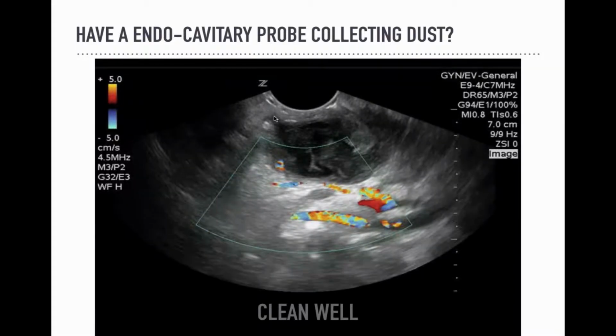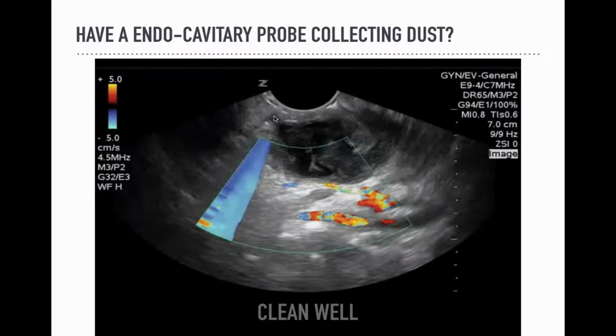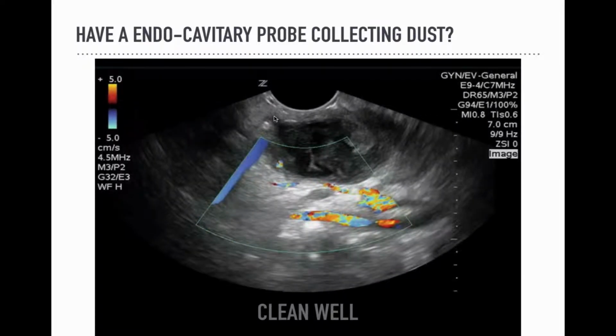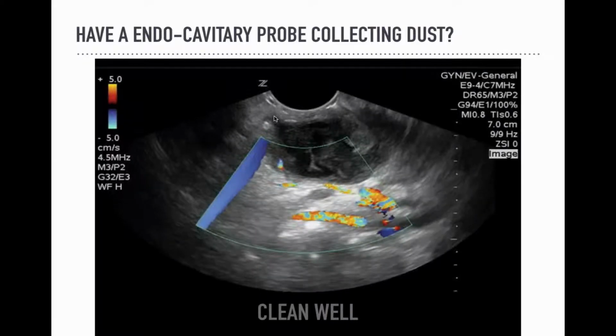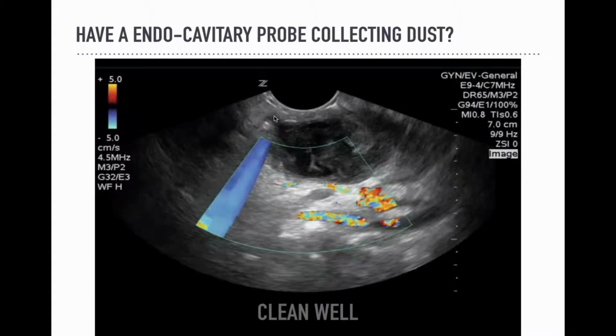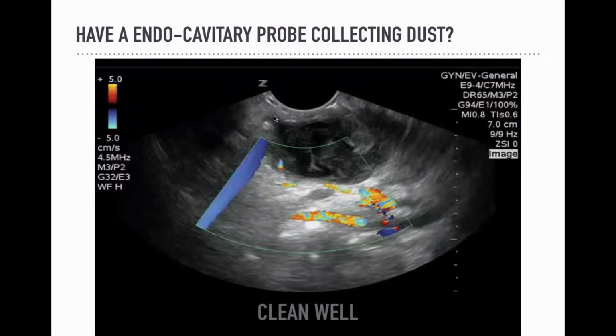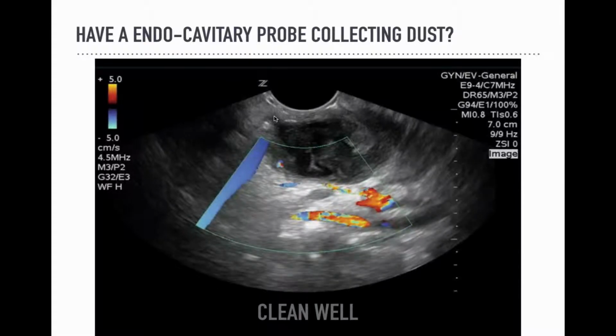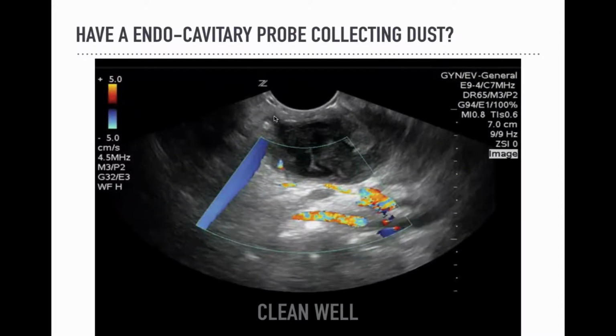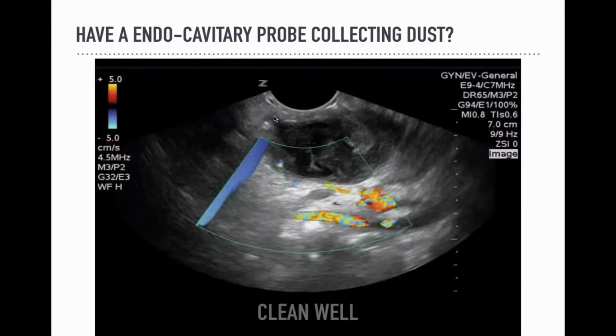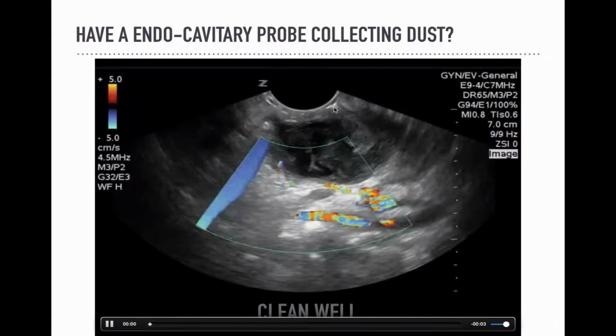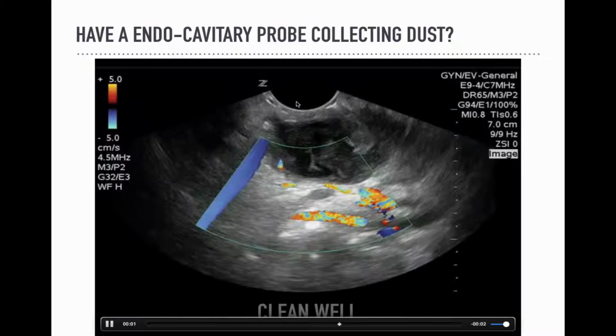If you have an endocavitary probe collecting dust, you can use that for abscess identification as well. So I don't know if you can guess where we are in the patient, but this is an endocavitary probe that's inside the patient's mouth and reviewing a peritonsillar abscess. So that big collection of anechoic mixed tissue echogenicity at the anterior portion of the image right here, that is a large peritonsillar abscess.